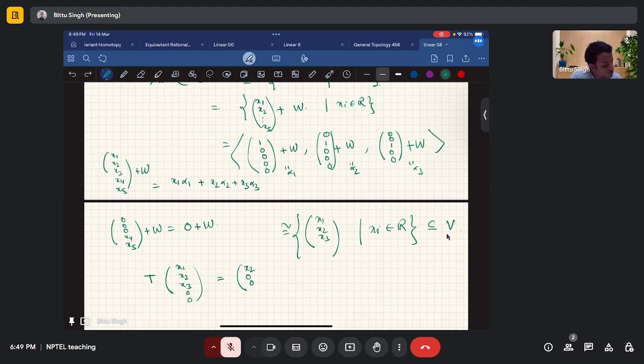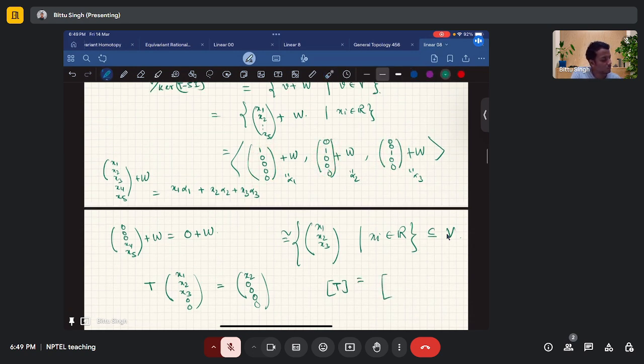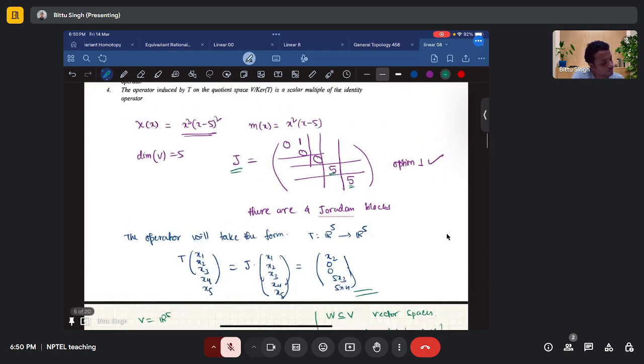So those are actually 0. Again, if we see the matrix representation of T with respect to these ordered bases, then it is clear that it will take this form 0, 1, 0, 0, 0, 0, 0, 0, 0, right? This is just this block actually.